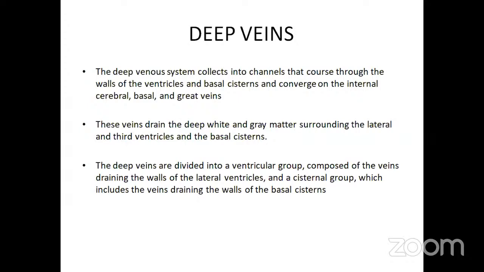These veins drain the deep white matter and gray matter surrounding the lateral and third ventricles and the basal cisterns. The deep veins are divided mainly into two groups, the ventricular group and the cisternal group.